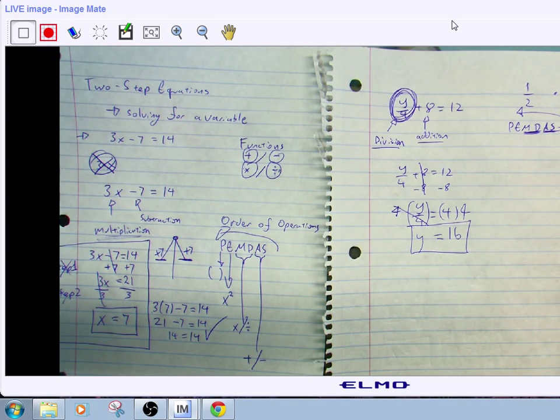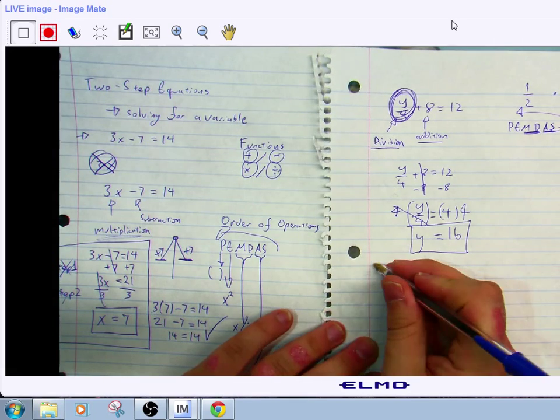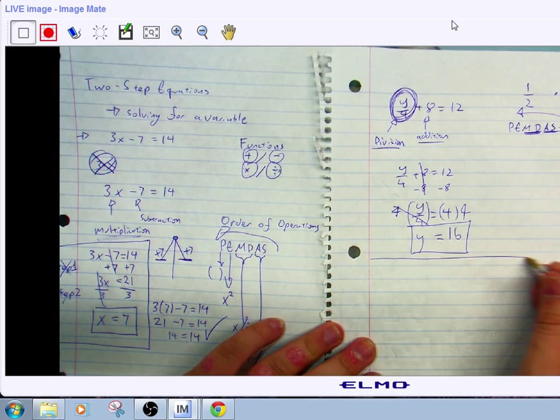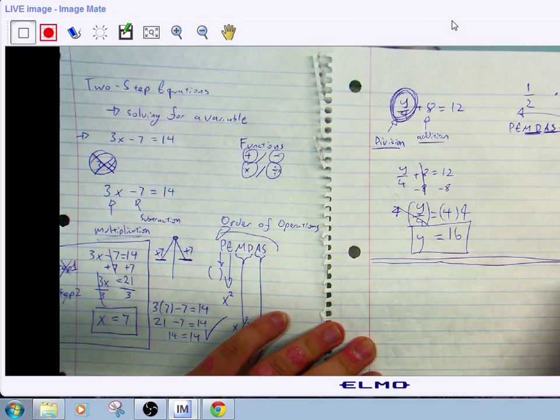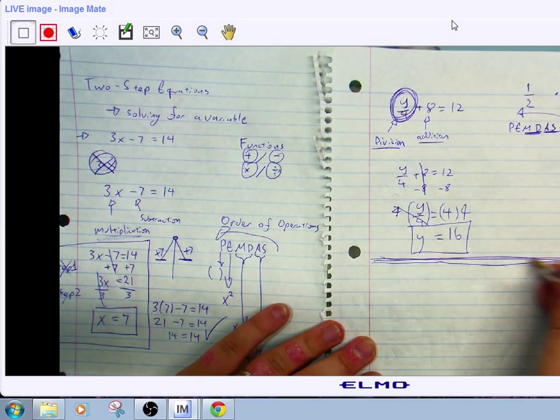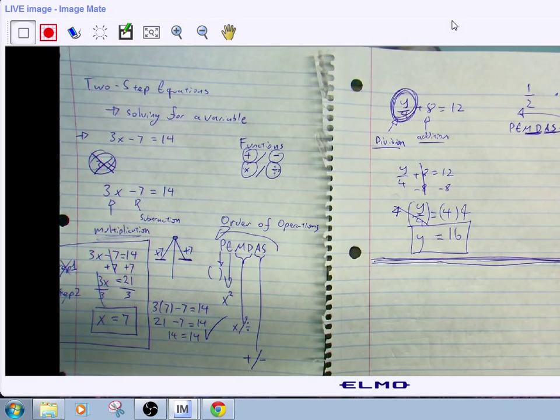All right, so now we've talked about two-step equations. The other thing I want to focus on is inequalities. I gave you this very long, complicated, challenging word problem for number 4. Honestly, this is one of those challenging problems that I just toss out there, not expecting a whole lot of people to get it.